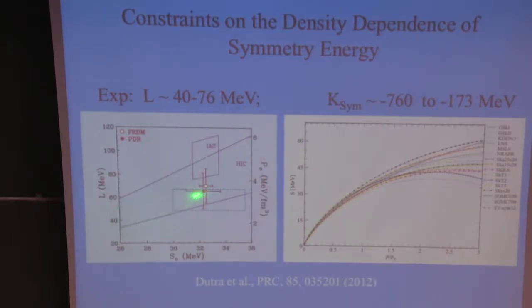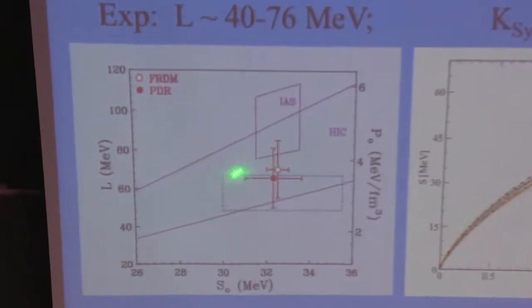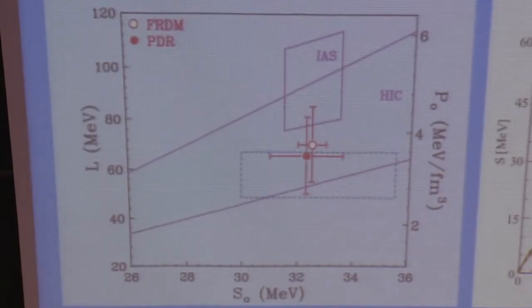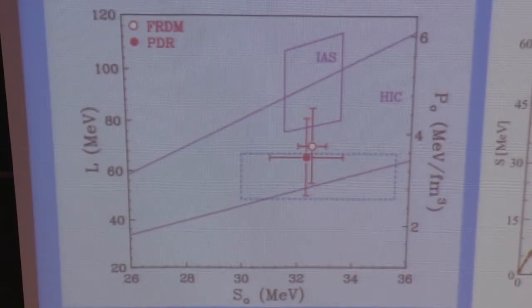Heavy ion collisions tell you that the value of that linear coefficient looks like this. There are measurements of what's called the isobaric analog state in nuclei that put it here. These are measurements of something called the pygmy dipole resonance that depend upon that.